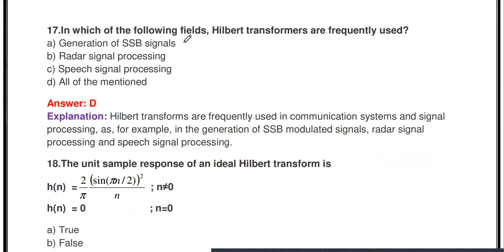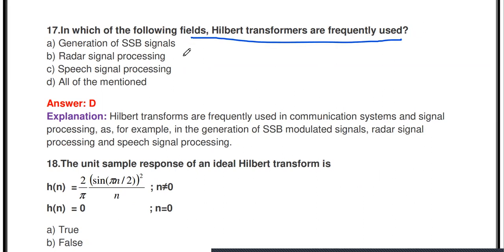Then in which of the following fields is the Hilbert transform frequently used? Generation of SSB, single sideband signal, radar signal processing, speech signal processing, or all of the mentioned. The Hilbert transform is frequently used in all these fields. In communication theory, in the generation of single sideband signal, we used this Hilbert transform.